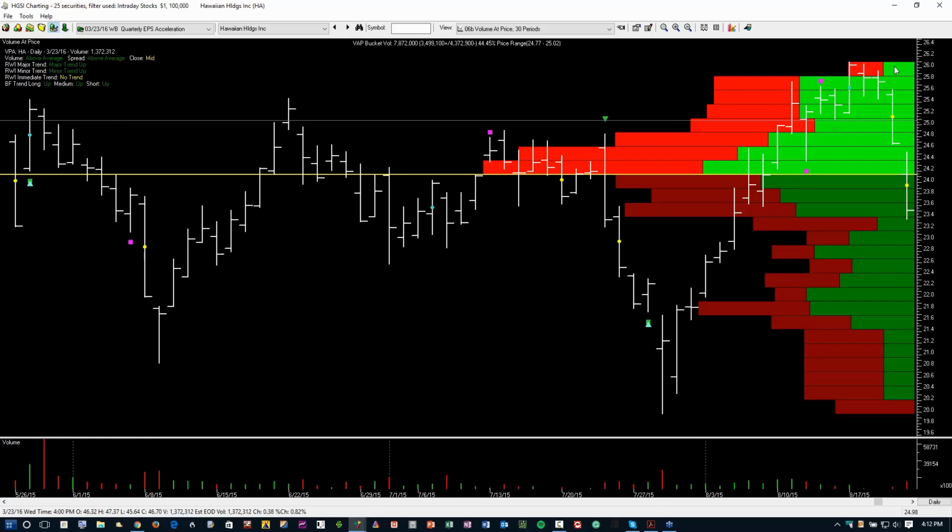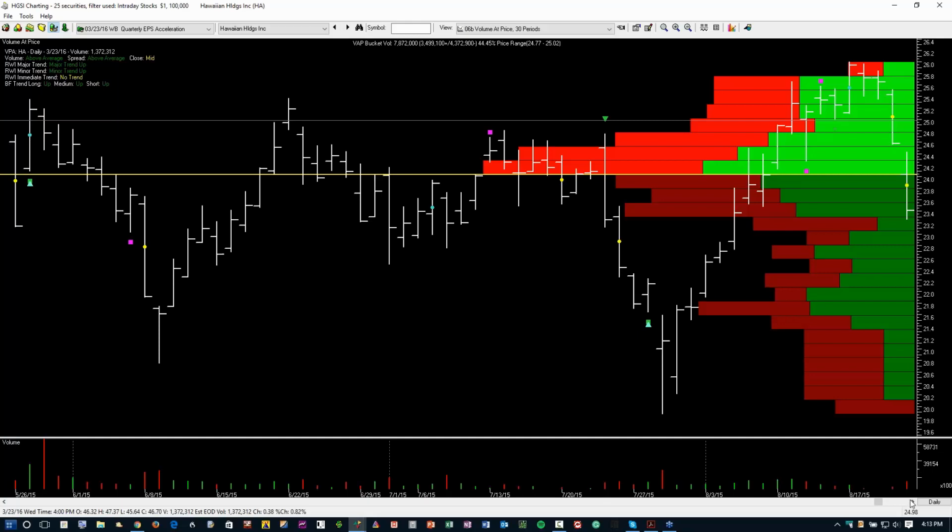There was just a little activity up here as the stock made its high, and then it started backing off again, and the positive and negative were about the same.